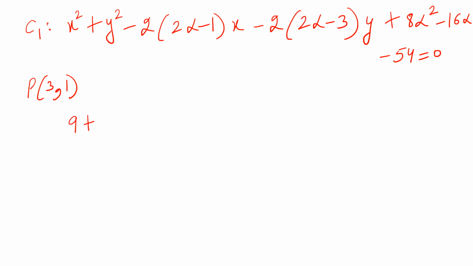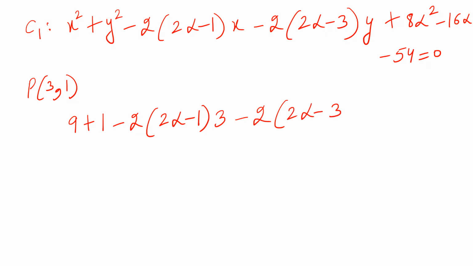So we get 9 plus 1 minus 2(2 alpha minus 1) into 3 minus 2(2 alpha minus 3) into 1 plus 8 alpha square minus 16 alpha minus 54.